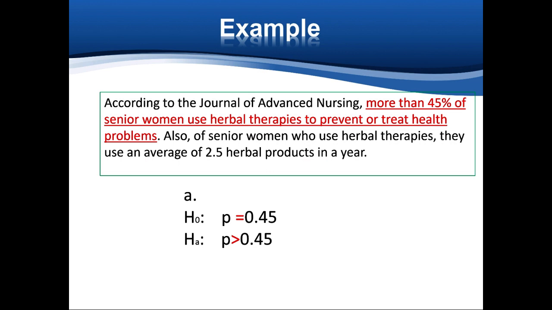So in HA, we write P bigger than 0.45, which involves the claim in this question. H0 you can always write as equal to, so it will be equal to 0.45. 0.45 here is the hypothesis value.